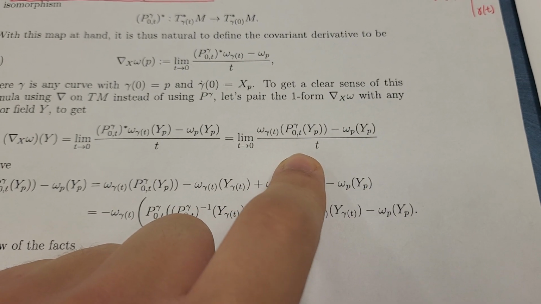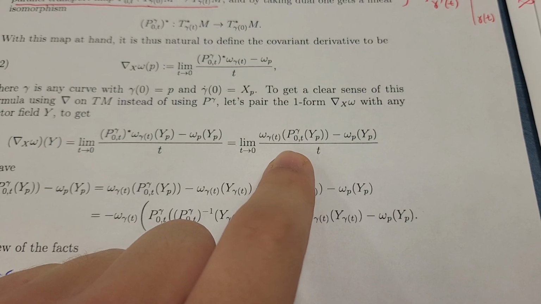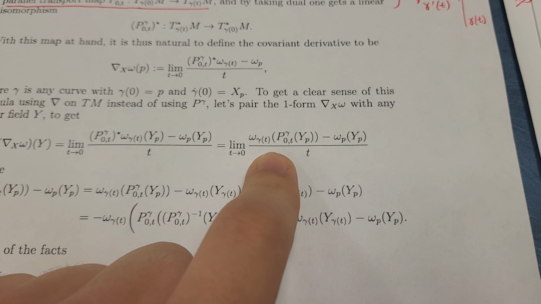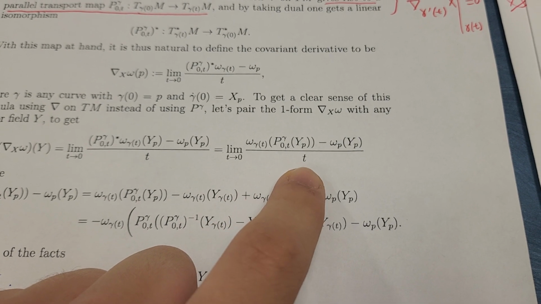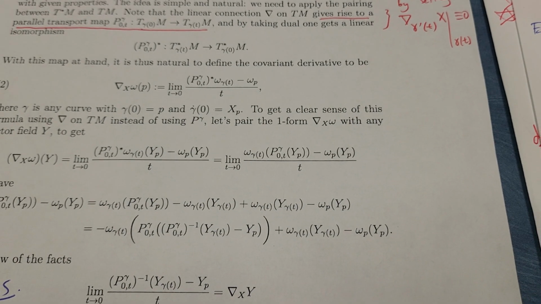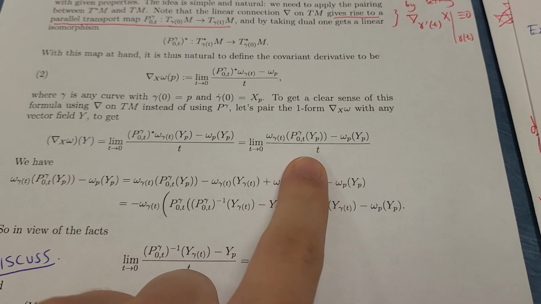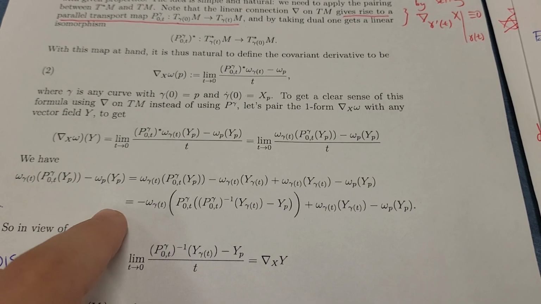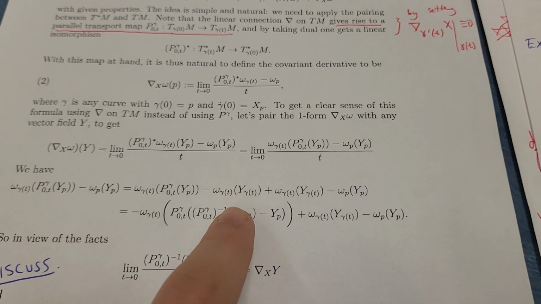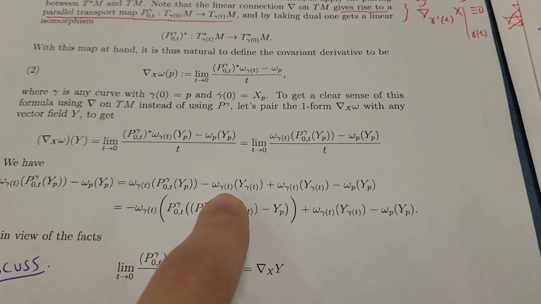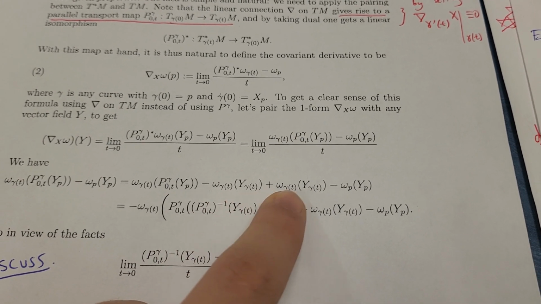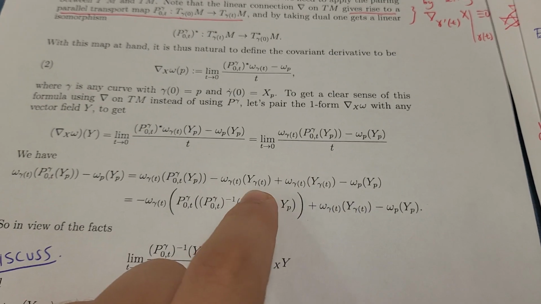So our difference quotient becomes the limit as t goes to 0 of omega at gamma of t, P from 0 to t of Y at p, minus omega at p of Y at p, all over t. And then we look at the numerator and add and subtract omega at gamma of t of Y evaluated at gamma of t.